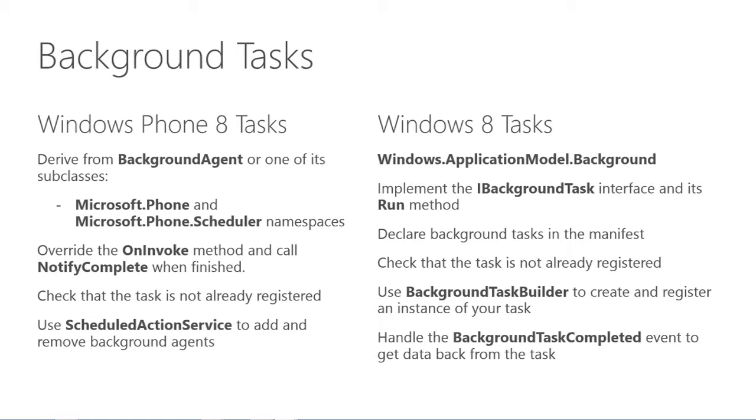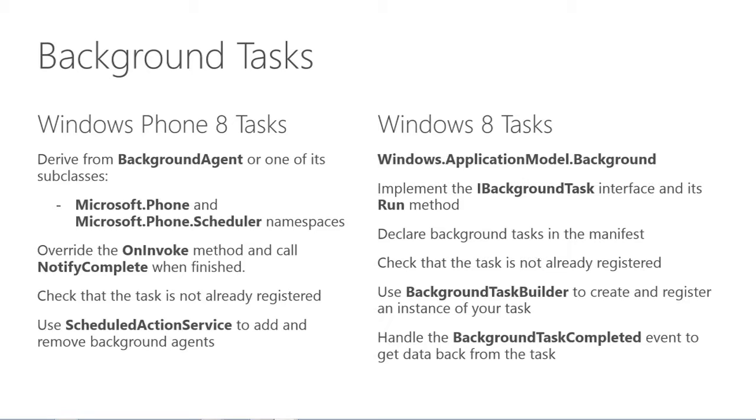You should always check that your background task is not already registered, and if it is, you deregister and then re-register. I'll show you how that works in a couple of seconds. And you would use the scheduled action service to add or remove background agents once you've defined what they're doing.